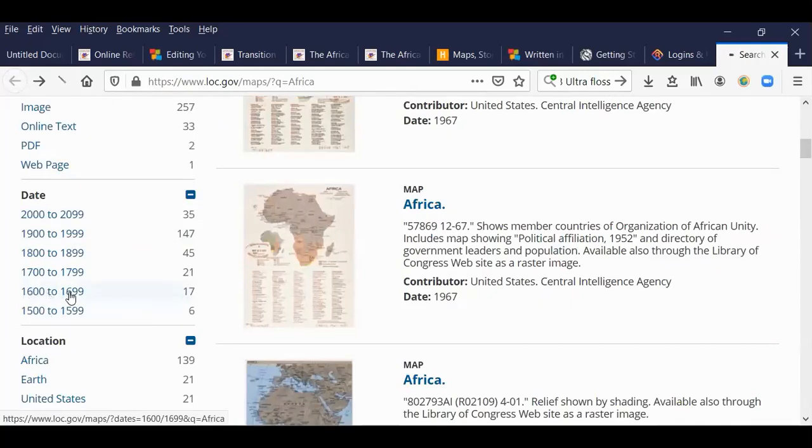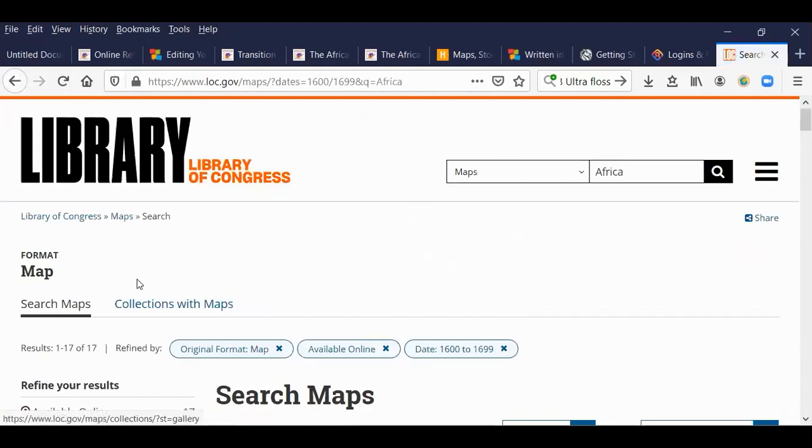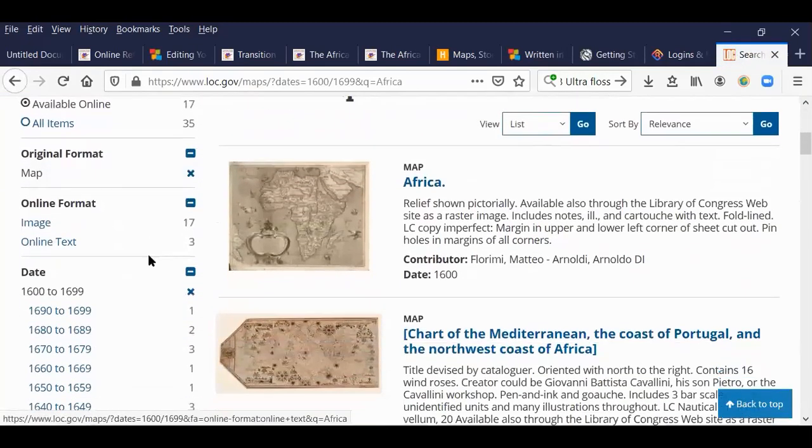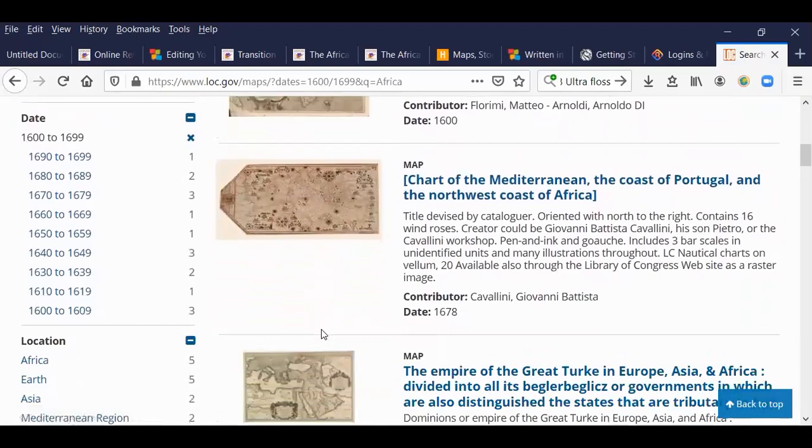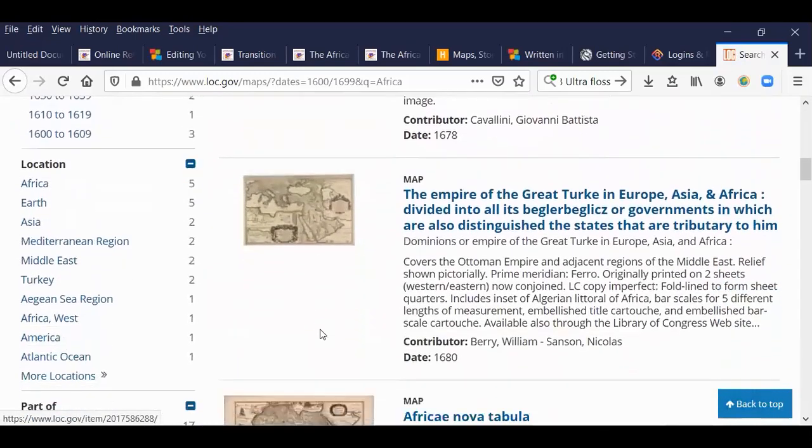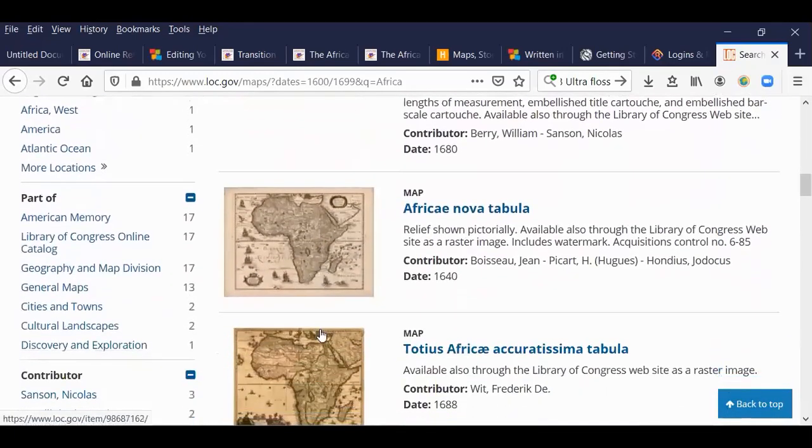1600 to 1699. This is actually a very interesting period because the Portuguese, who started the charting of Africa and subsidized explorers to go a few kilometers each year and create these very detailed porcelain maps, were eventually displaced by the Dutch, whose maritime control of the India trade made them dominant in Africa.